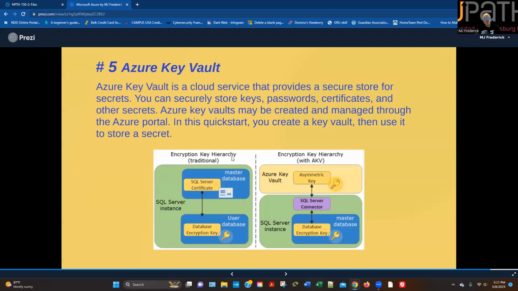So we see here an encryption key hierarchy. This is traditional. This is how it works traditionally. And then looking at it with Azure. So we start off with our database, and we've got what's called a SQL Server certificate. Then we go from this tradition of the certificate, double checking it through the SQL Server instance, and then going to the user database encryption key. Remember, I talked about public and private keys. When we're talking to servers, you have a session key.